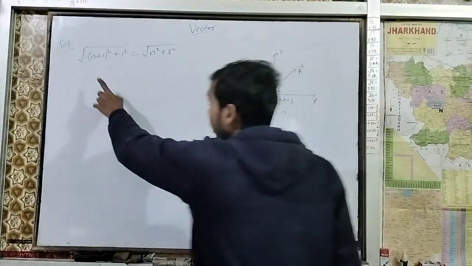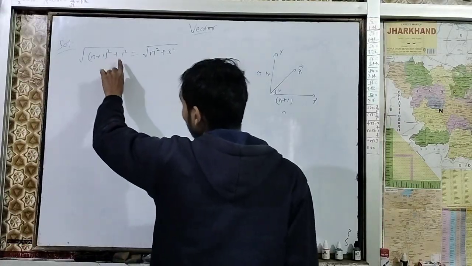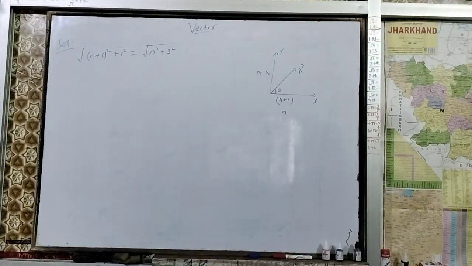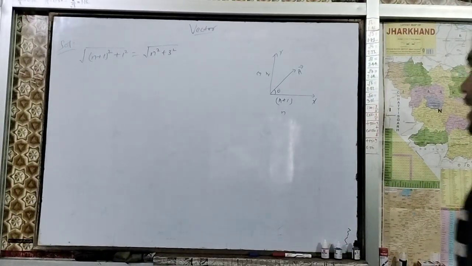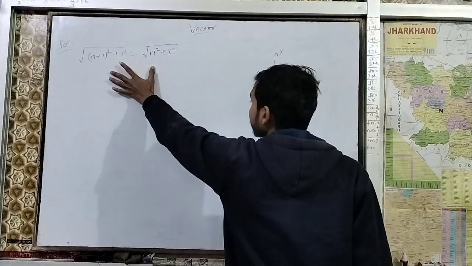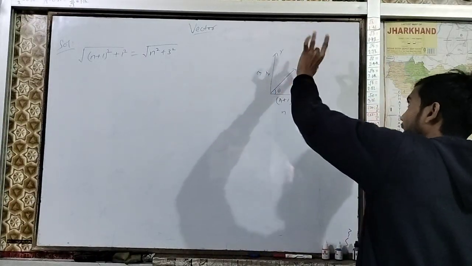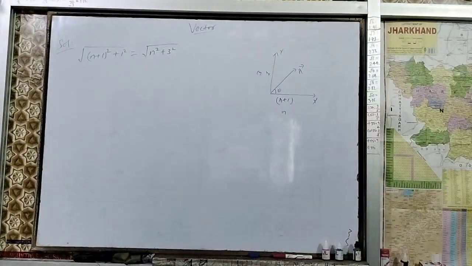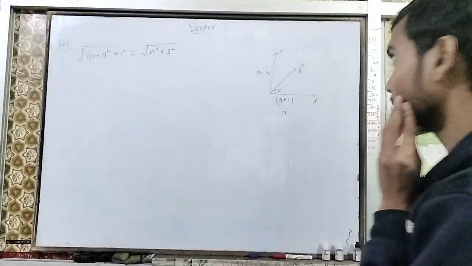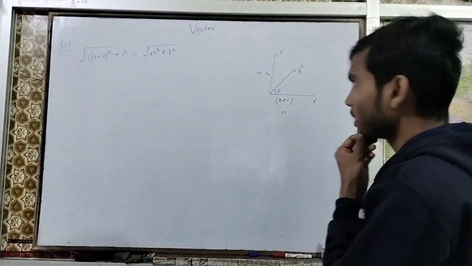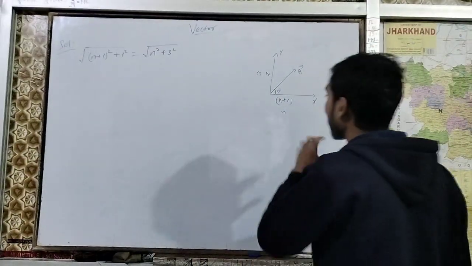We wrote that the square root of (n plus 1) squared plus 1 squared is equal to this. How? The answer is that x and y are at a 90 degree angle, and the magnitude will not change itself. The magnitude will not change, but the direction will change. We have seen this.